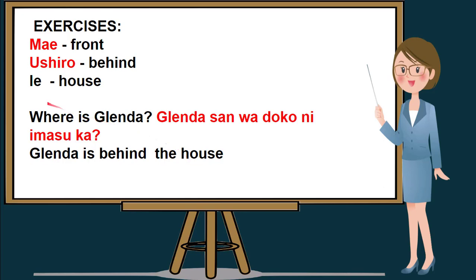Again, you will be using mae, which means front, ushiro, which means behind, and ie, which means house. Again, I'll be giving you 5 seconds to translate this sentence in Nihongo. And your 5 seconds start now.